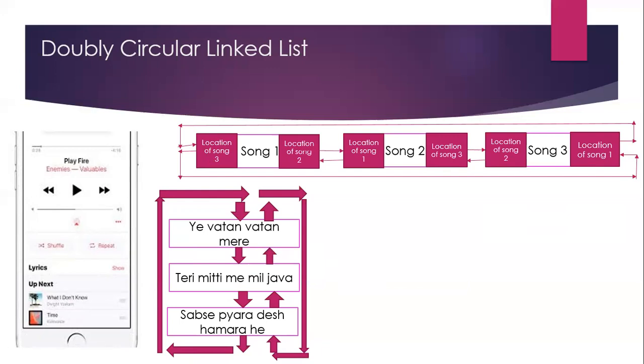That means whatever the last song in your playlist is, its location is contained in the previous part of song 1, whereas the last song node has the location of the first song of the playlist so that it runs in a circular manner. This is what your linked list is, with variations like singly linked list, singly circular linked list, doubly linked list, and doubly circular linked list.